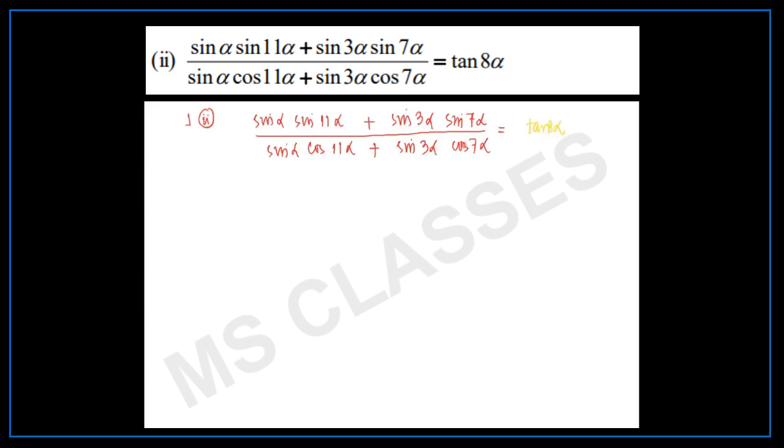Now children, if you observe it carefully, this is sin A sin B form. This is cos A sin B form.